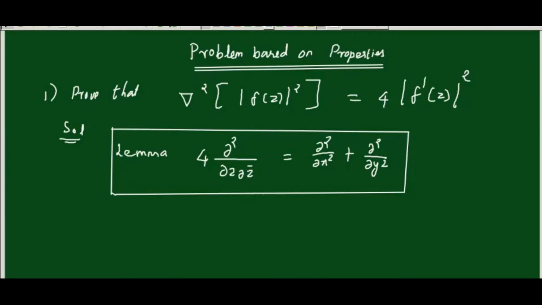Already we know, as we saw yesterday, that dou square by dou x square plus dou square by dou y square is nothing but del square. So instead of del square, I'm going to fill in 4 times dou square by dou z dou z bar.